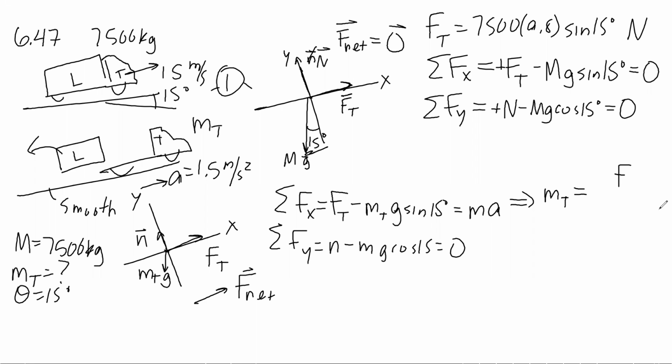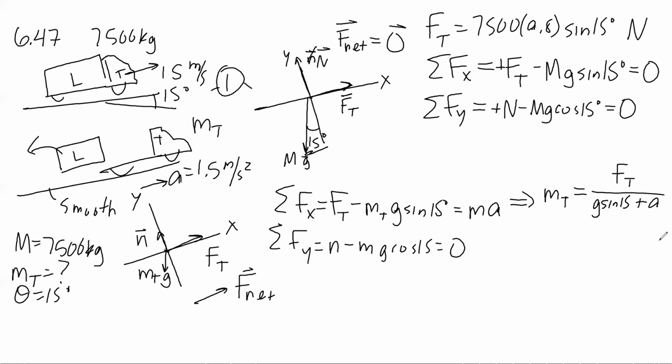I'm trying to solve all this at once. Certainly do numbers if you're more comfortable. So if I take this thing and put it over to this side, and then factor out everything and divide to solve for m, I get g sine 15 plus a. The force itself was capital M g times sine of 15.